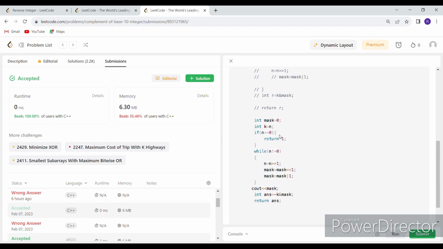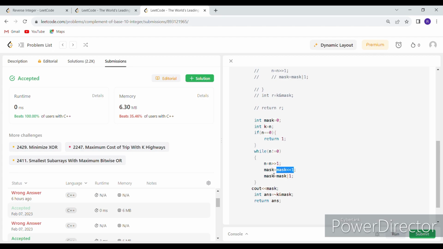As we know, earlier the mask is 0, and I am left shifting the mask, and 0 left shifted will be 0 itself. Now 0 will be ORed with 1. After ORing the mask with 1, I'll get 1, because anything OR with 1 is 1. This is bitwise OR. So in the first iteration I got mask as 1.